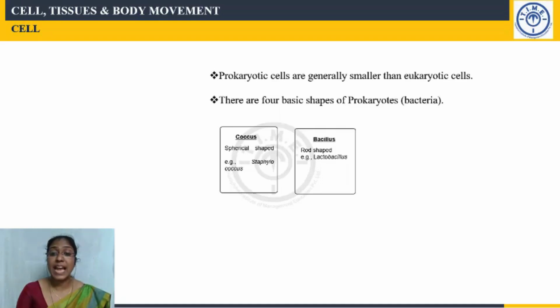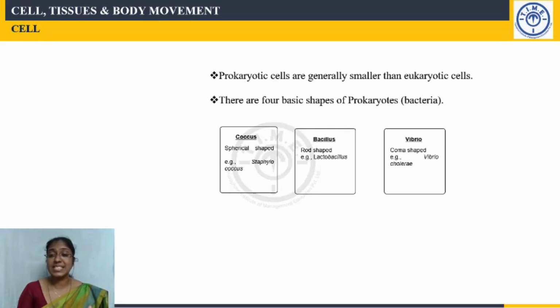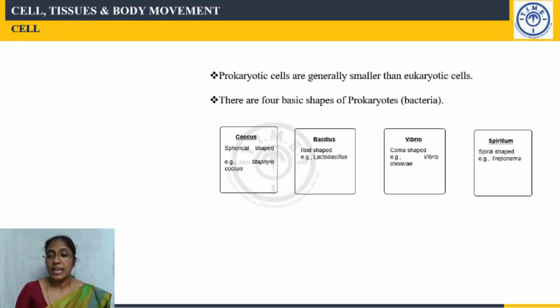Example, lactobacillus bacteria, which is seen in curd. Then if it is comma shaped, it is known as a Vibrio bacterium. Example, Vibrio cholerae, the bacterium causing the disease cholera. Then if it is spiral shaped, we call it spirillum. So depending upon the shapes, we call them by different names.